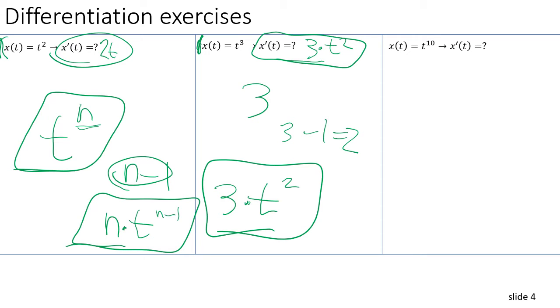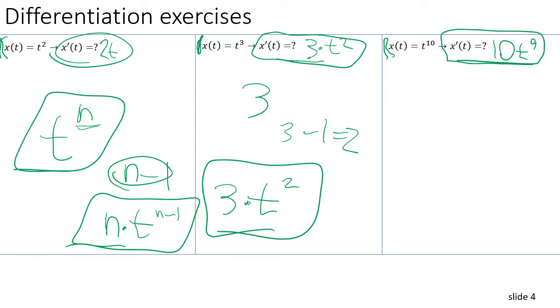Okay, let's try another one. What is the derivative of x(t) equals t to the 10th power? Well, the answer is going to be 10 times t to the power of 10 minus 1, which equals 9, so 10 times t to the power of 9.